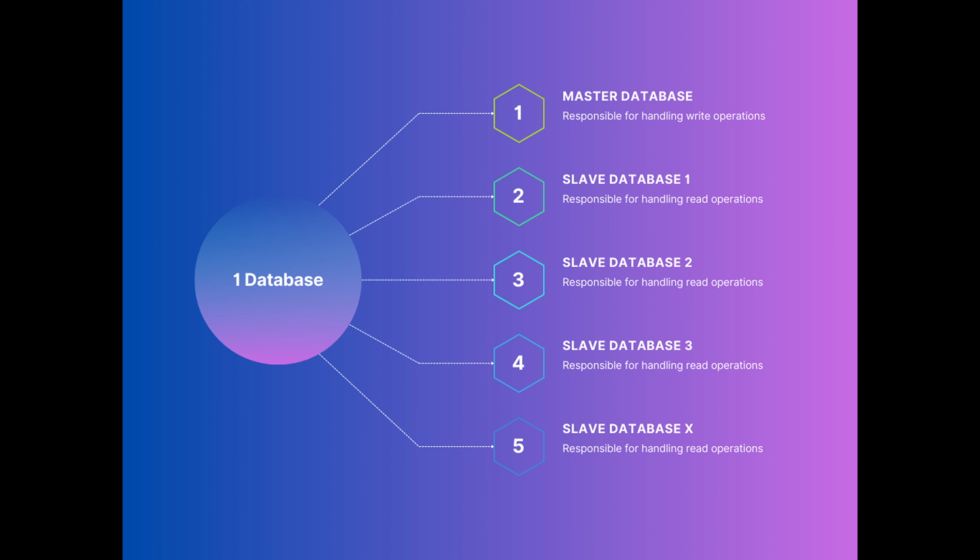So whenever something comes with a write request, you are storing it in this database, and afterwards it is replicated to slaves, so other databases that will be used only for read operations. So here you have one write database, and this is the master, and as many slaves, as many read databases, as you would like to have.